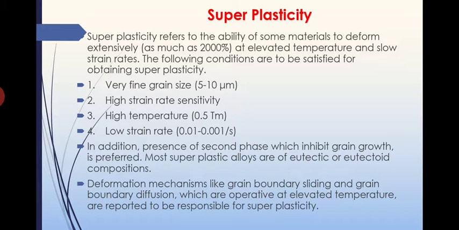So by adding some elements to a particular material, they can be brought to the superplasticity stage. So superplasticity refers to the ability of some material to deform extensively, as much as 2,000%.